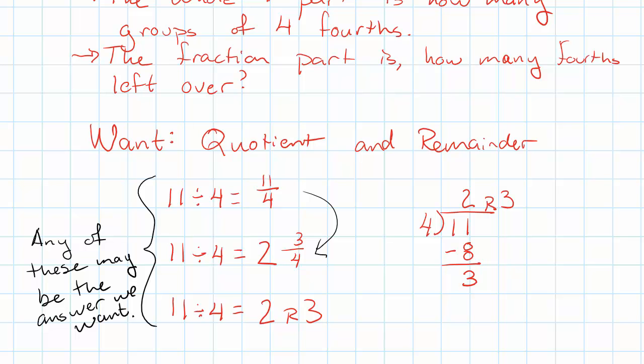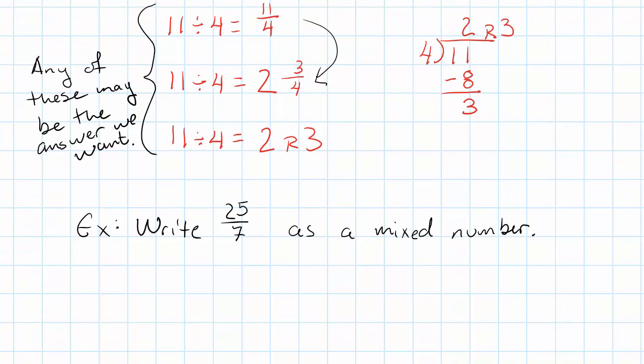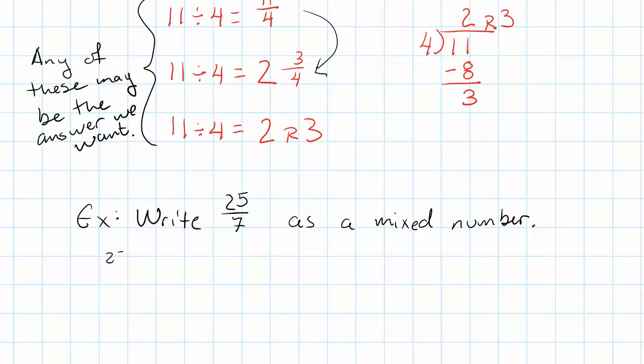Let's see an example of that without the picture. Let's say we wanted to write 25/7 as a mixed number. Well, we can understand 25/7 as meaning 25 divided by 7.